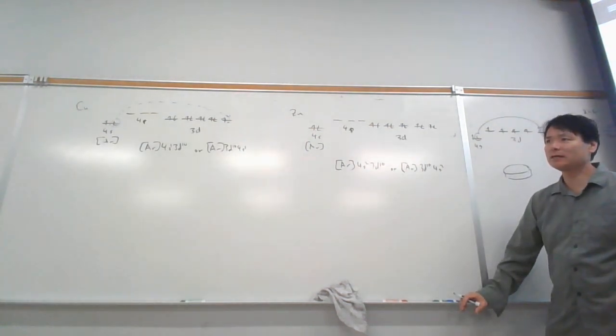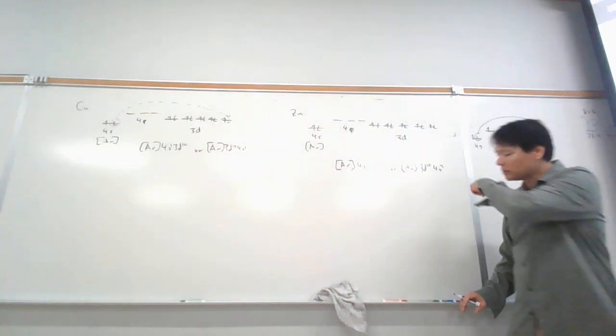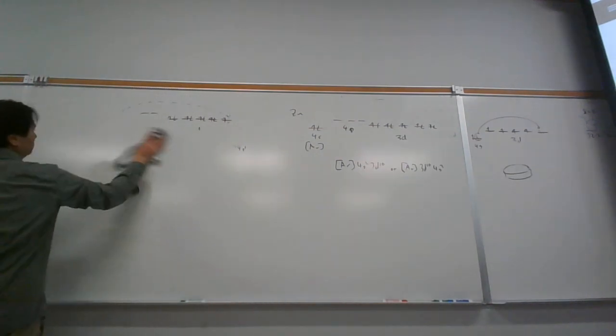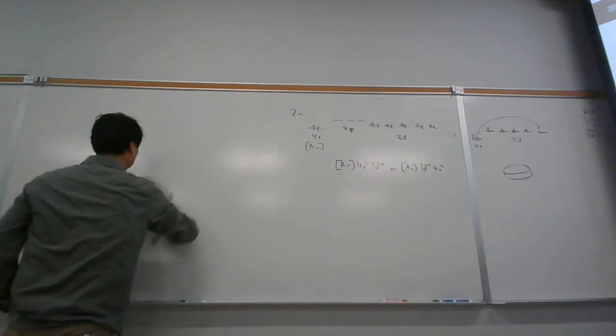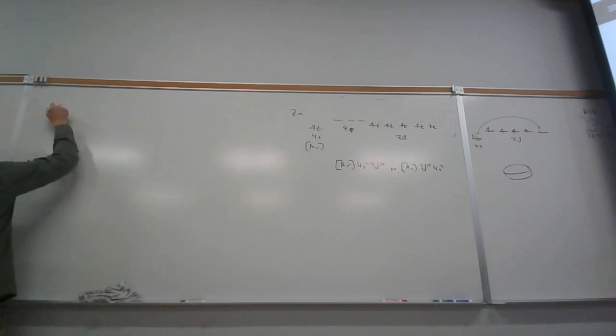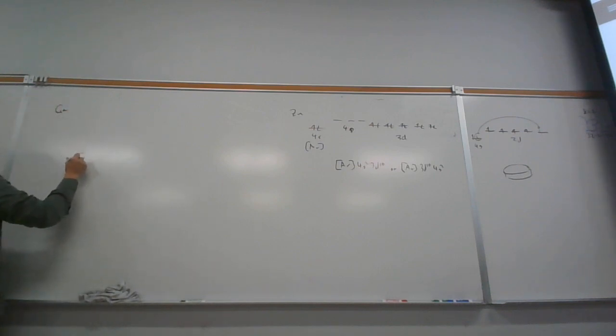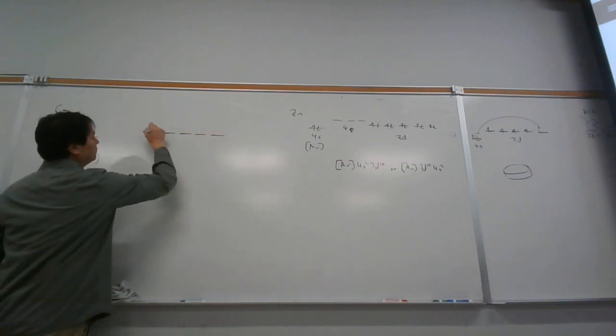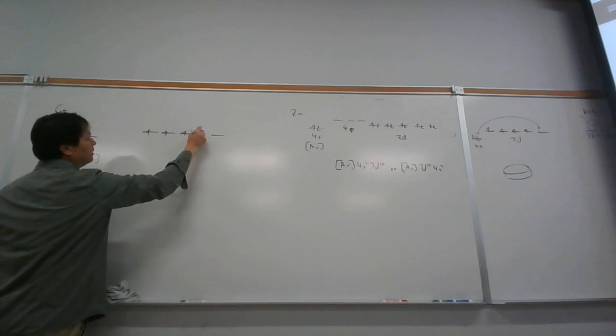Okay, what comes after zinc? Gallium. So let's take a look at gallium. Gallium is going to be argon, 4s2, 3d10, 4p1.